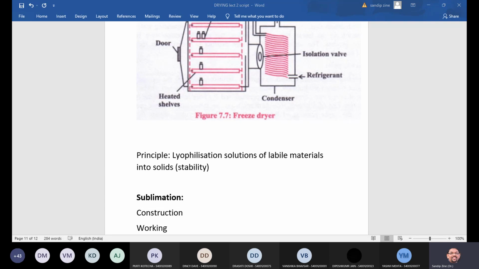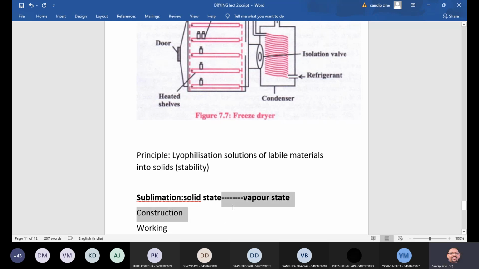While writing the principle of this freeze dryer, which key point should I keep in mind? You have to keep just one word in your mind, that is sublimation. The main principle involved in freeze drying or lyophilization is sublimation. So the water passes directly from the solid state, that is ice, to the vapor state without passing through the liquid state.